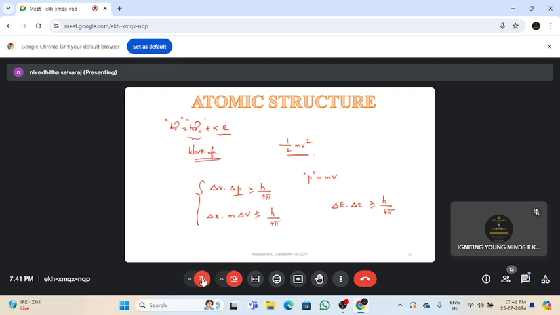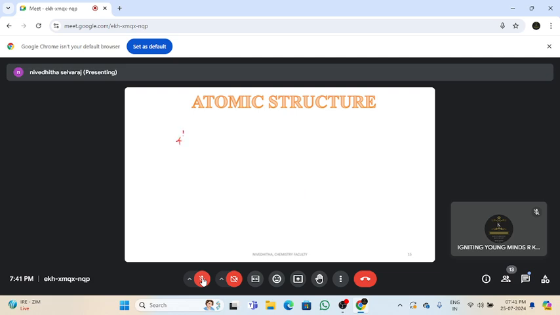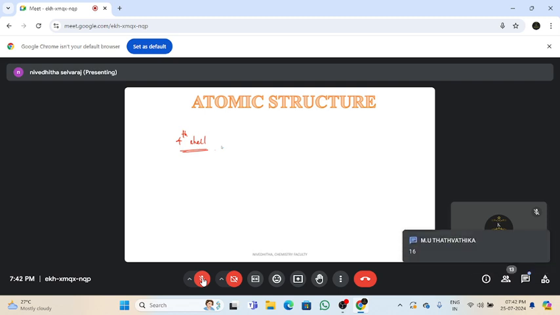How many orbitals will be there in the fourth shell? I think we revised all those concepts in the last class, right? Last class we calculated manually, and also we came up with the formula to calculate the orbitals. What is the formula to calculate the number of orbitals?